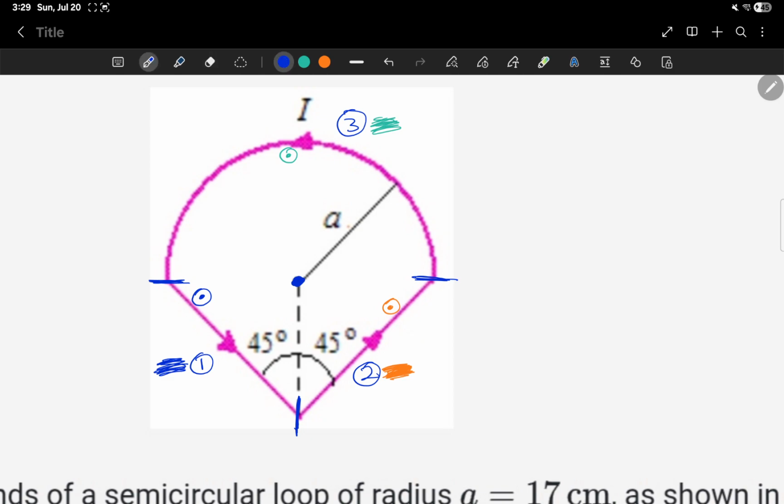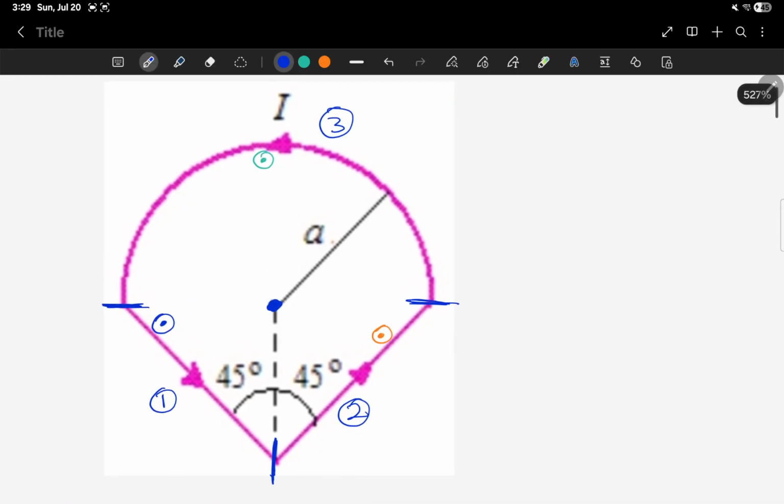This is the magnetic field of segment 1 in blue. I'll explain how to use the right hand rule for the semicircle over here to show how we get this, and then I'm sure that you guys can figure out the other two using the right hand rule on your own.